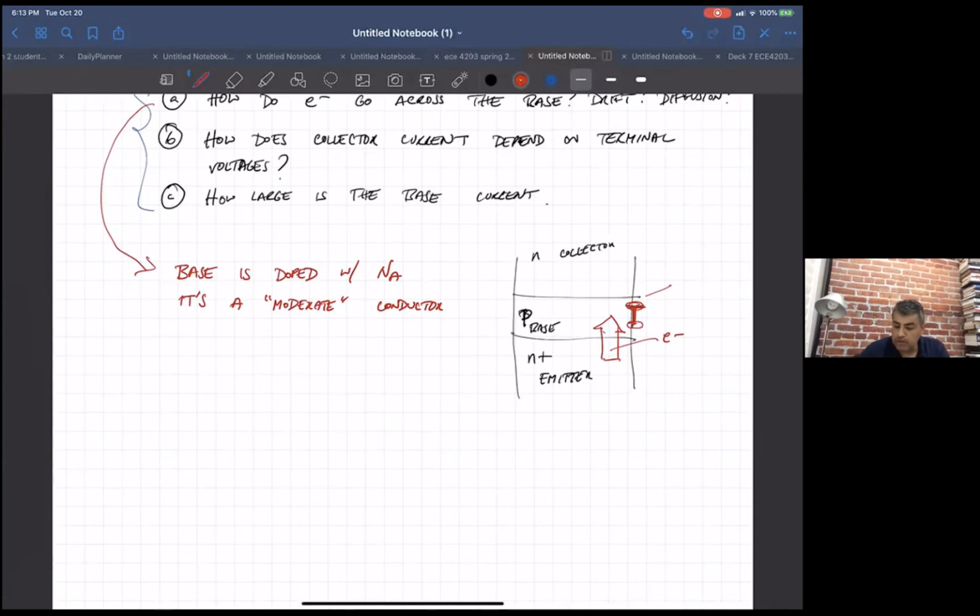So you don't get a voltage difference across the base. This means there's no E field across the base itself, so no drift current.